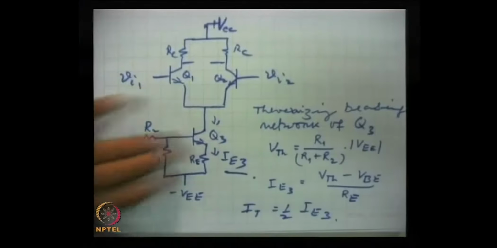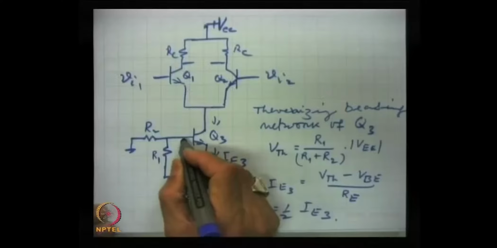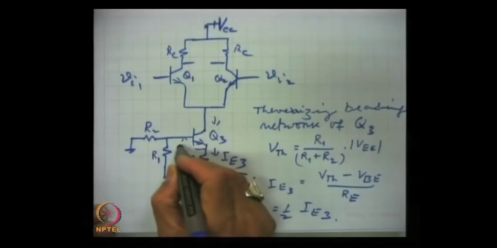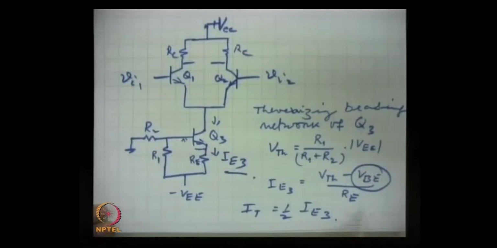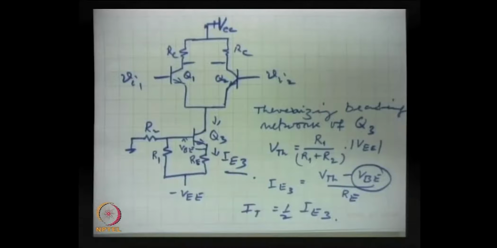This current source will have a much higher source resistance in comparison to the previous arrangement, but still there can be some variations because of this voltage V_BE, which is temperature dependent.